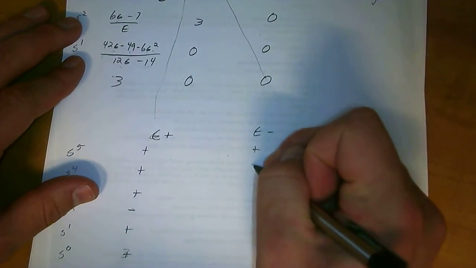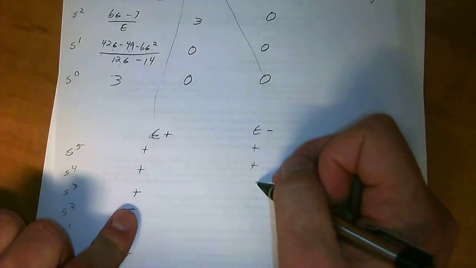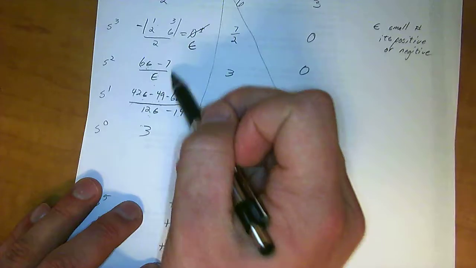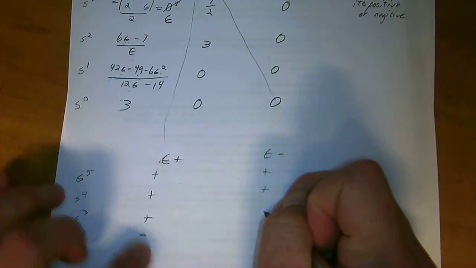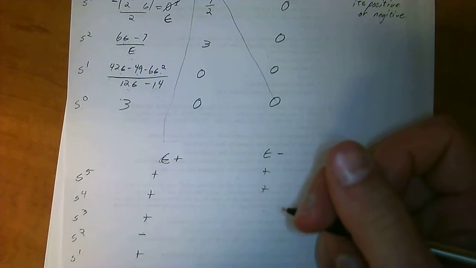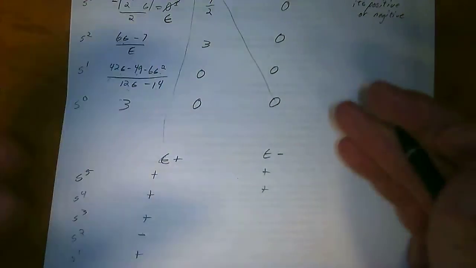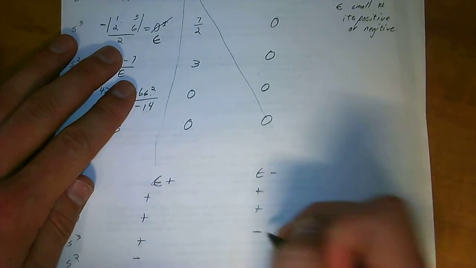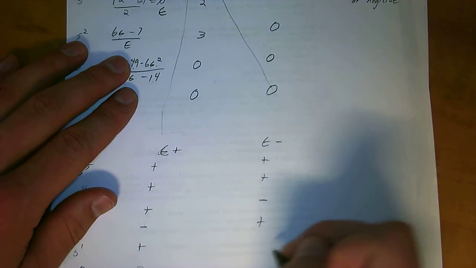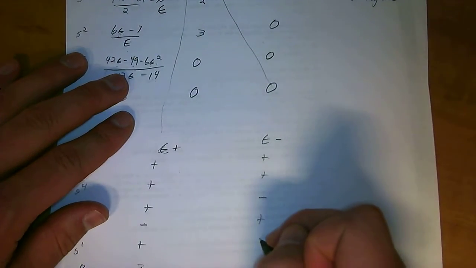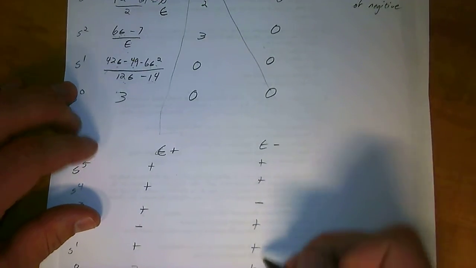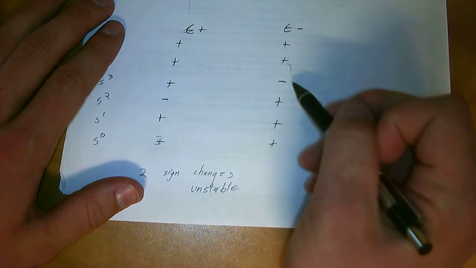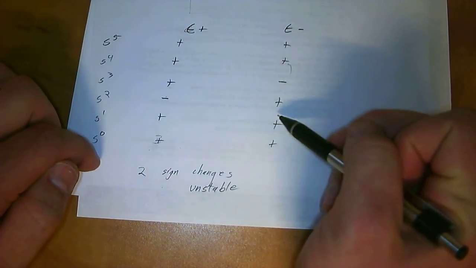And what you'll end up with is positive, positive, and then the epsilon, which is going to be a negative, and then you're going to have a positive, then a positive again, and again we have 2 sign changes right here. So no matter whether epsilon is positive or negative, you should have 2 sign changes for both of them, which we do.